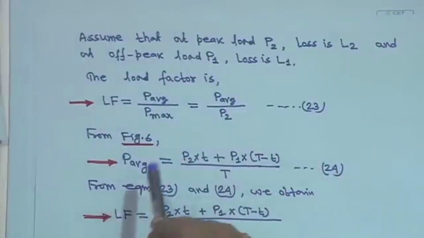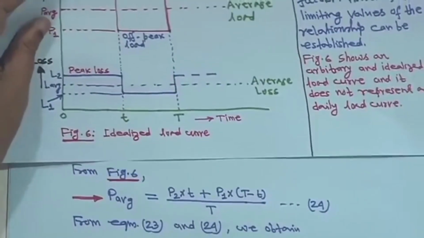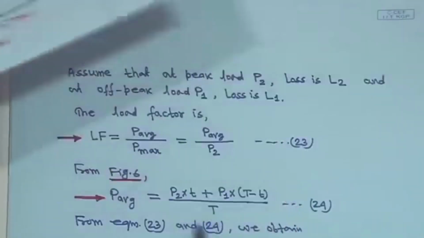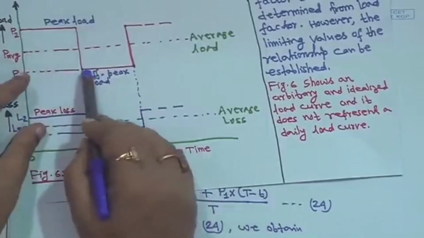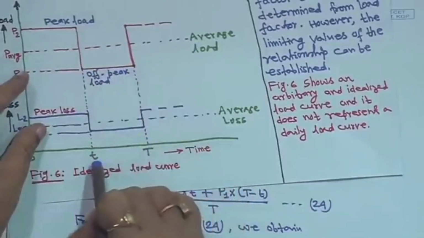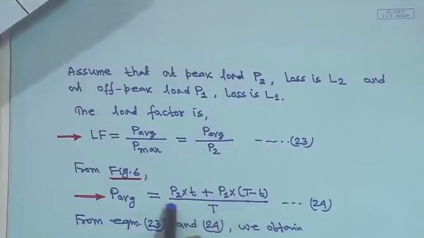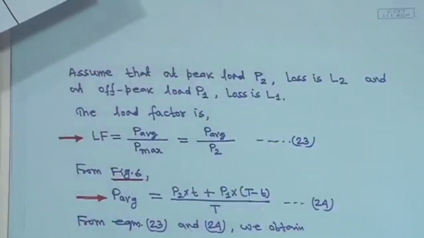Now, from figure 6, if you see, P average is equal to P2, its duration is small t. So, P2 into t, plus that duration of P1, this is now the low load level P1, duration is capital T minus small t. So, plus P1 into capital T minus small t, divided by total duration 0 to T, that is divided by T, right.